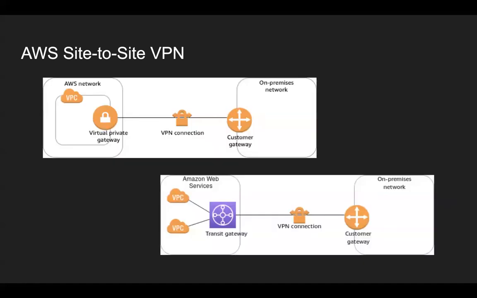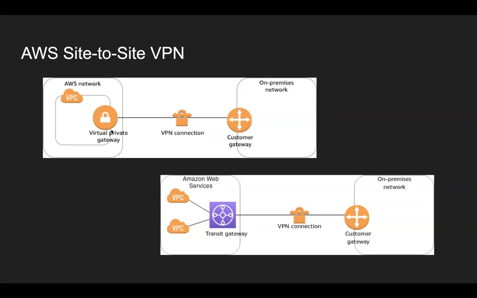So in this diagram, you can see clearly that you have an AWS network within which you have an AWS VPC, and you have a virtual private gateway through which you establish a site-to-site VPN connection to your customer gateway. And for this customer gateway, you have to provide its publicly routable IP address as a representation on your AWS side of things.